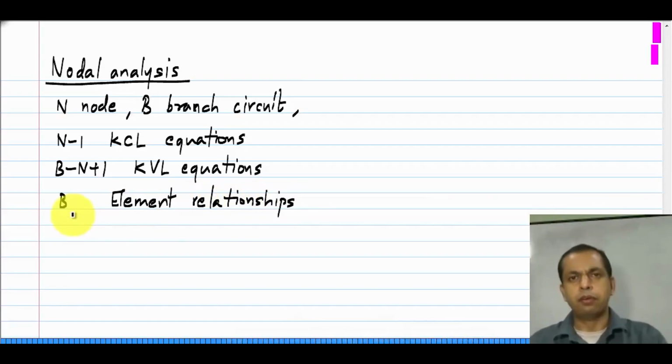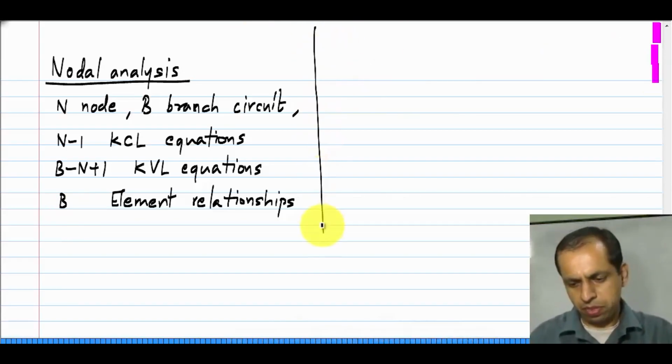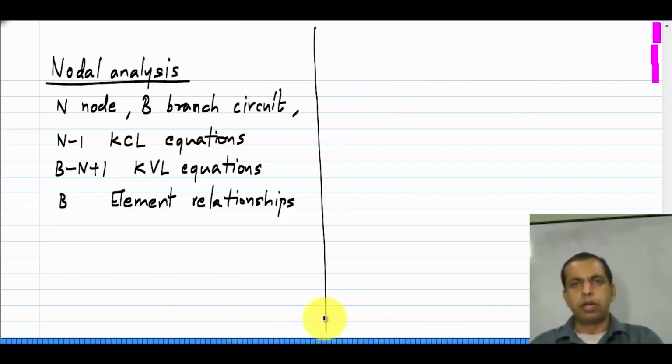We will consider two terminal elements, but these things can be generalized to larger number of terminals. Now, depending on which of these two you do first, whether you first write KCL equations or KVL equations, there are different types of analysis.